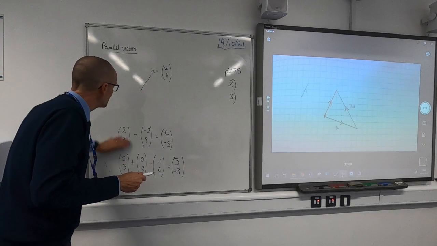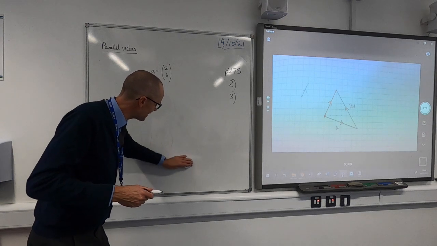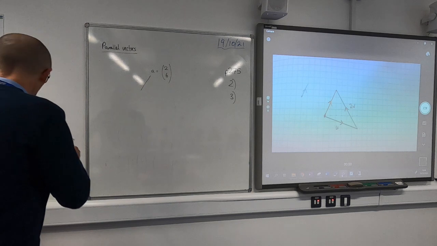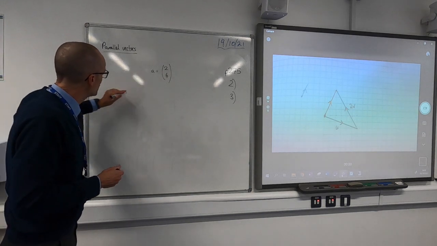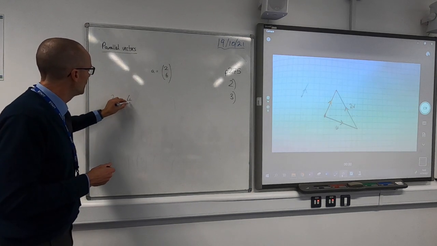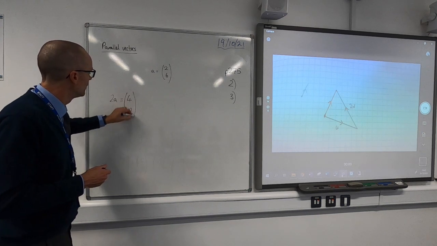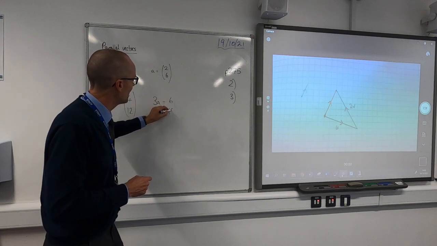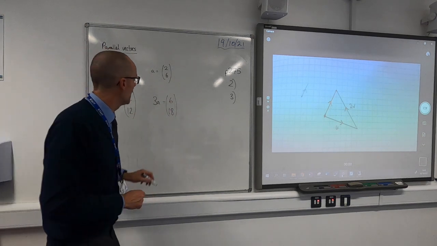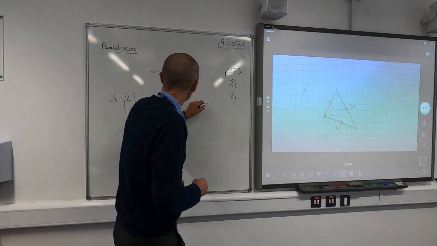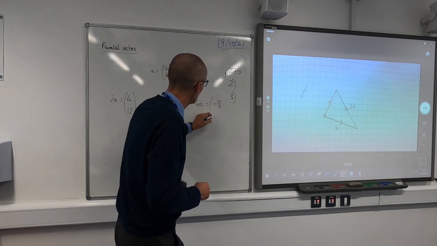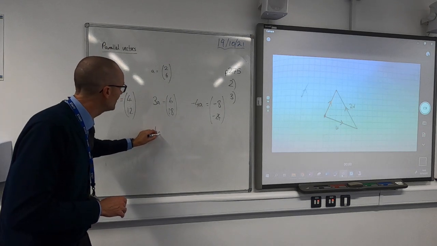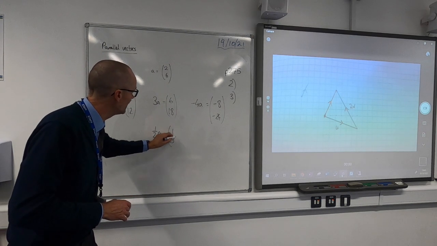So this journey here, 2, 6, any journey which is a multiple of that journey, so for example, 2a, which would be 4, 12, or 3a, which would be 6, 18, or minus 4a, which would be minus 8, minus 24, or a half a, which would be 1, 3.